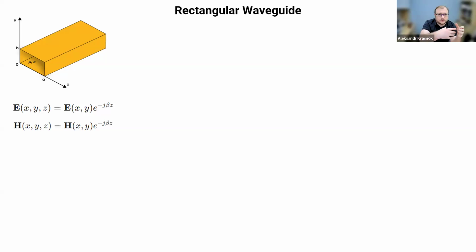So the wave can propagate along this waveguide, along this z direction. In general, this waveguide can be filled with some dielectric, epsilon and mu, but in practice it's not very useful and not very feasible. So typically this waveguide is empty.